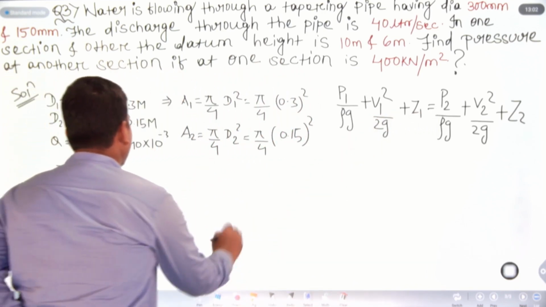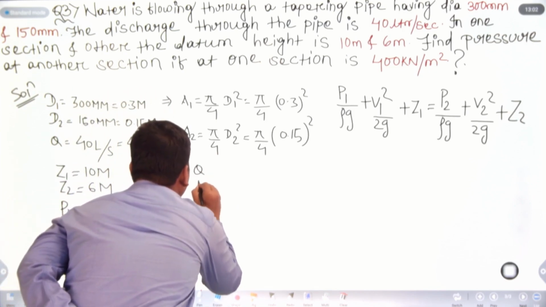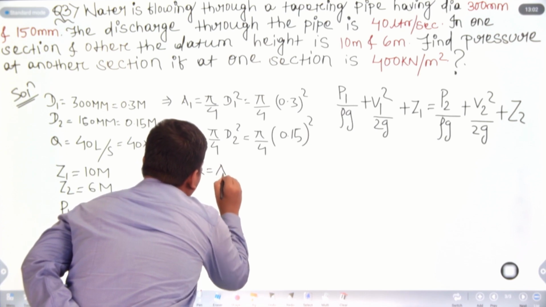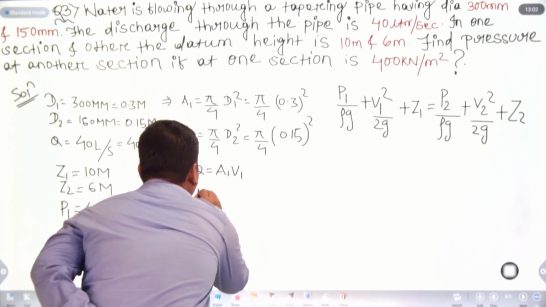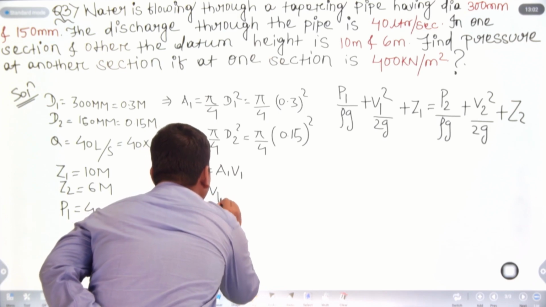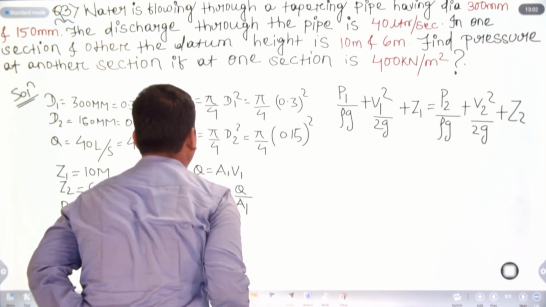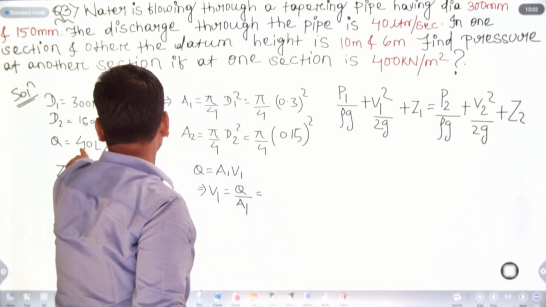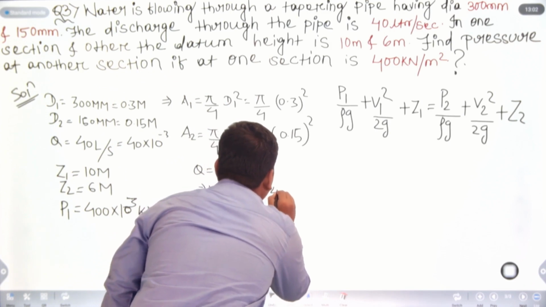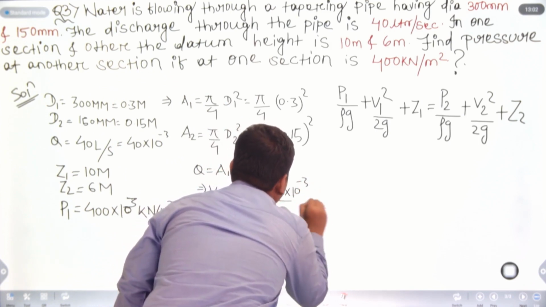Then we know that Q is equal to your A1 V1. Now V1 is equal to Q divided by A1. Putting this value, Q value is equal to 40 into 10 to the power minus 3.